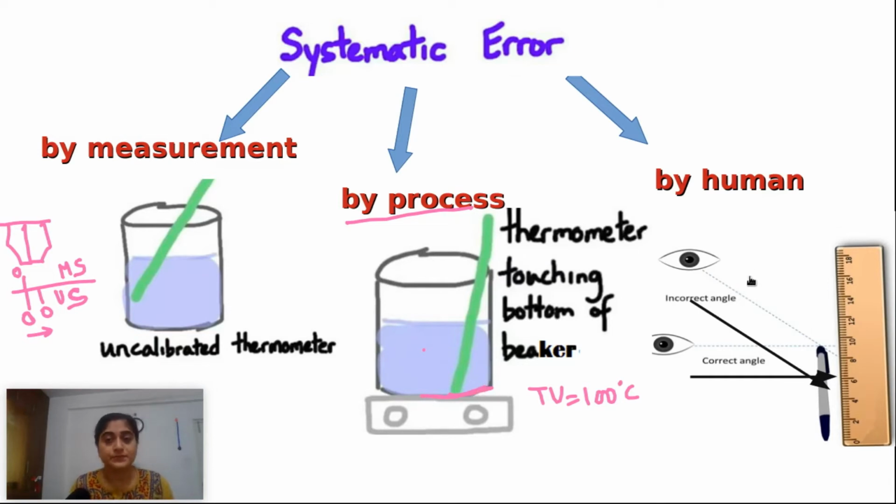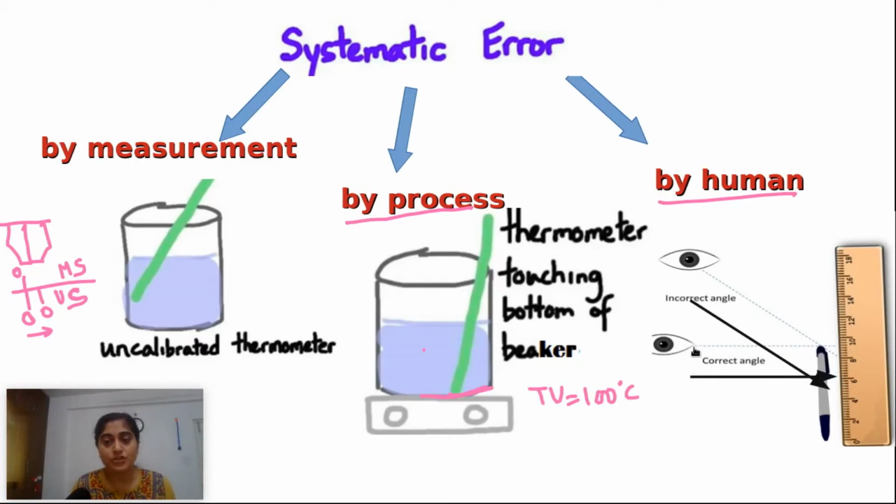Another one is by human. Sometimes when we are doing experiments in our experimental lab, the reading should always be taken in a straight line, not at an angle. If you are measuring at an angle, you can measure a wrong value. This type of error comes under systematic error.